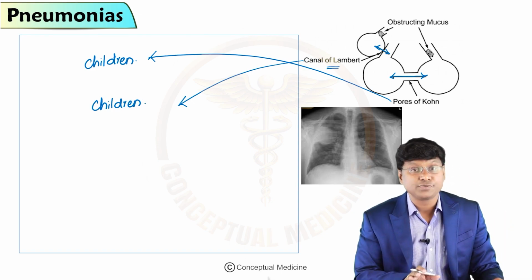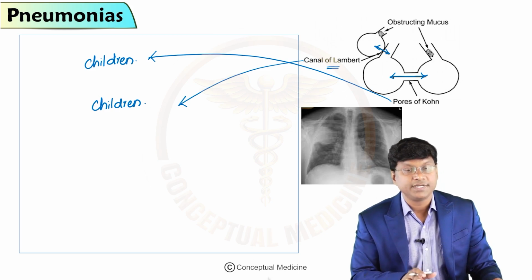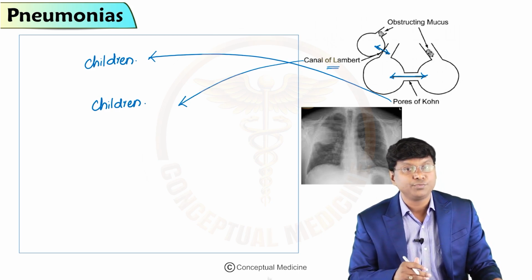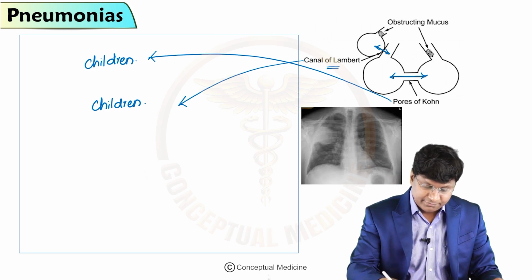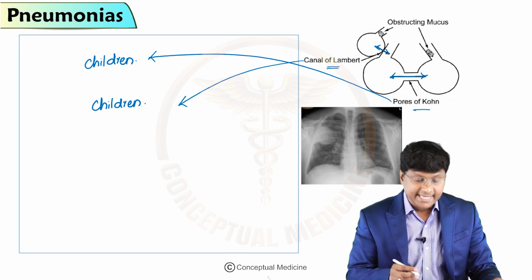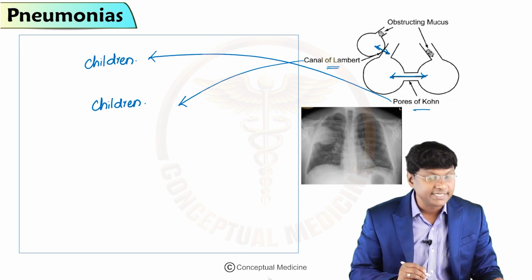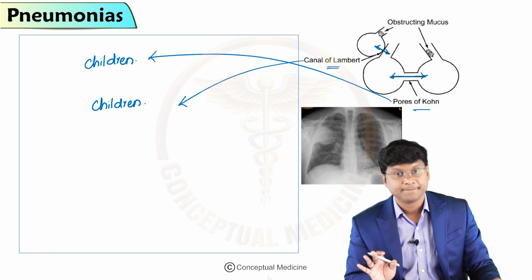So this is the proposed theory: children develop round pneumonia due to development of the interalveolar communication, that is pores of Kohn, and collateral airway communication, that is canal of Lambert.